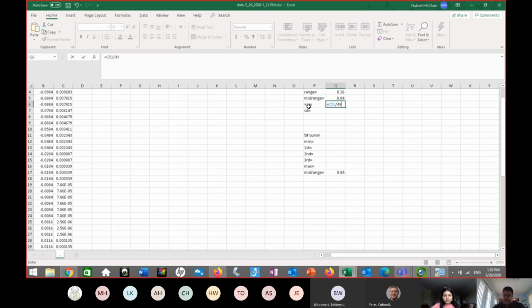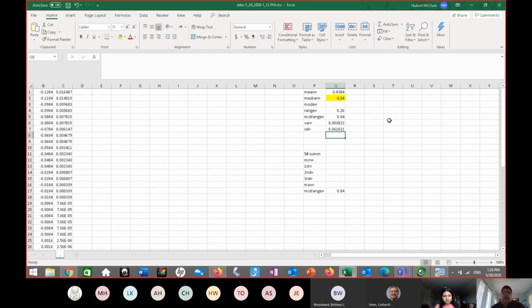And there is your variance, and your standard deviation is equal to the square root, or raise that to the what power? 0.5 power, or 1/2 power. And there is your standard deviation. Okay, so now I've got my mean is equal to this number over here.